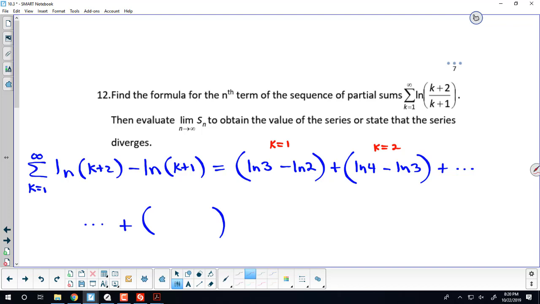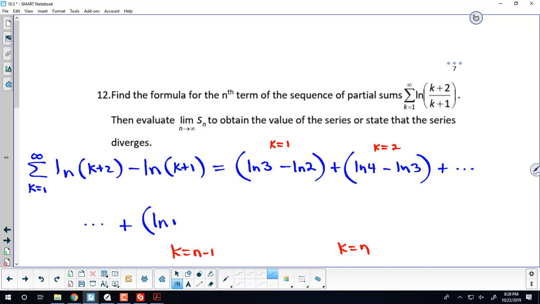So how many terms do y'all want to go out? We've got to stop when k equals n. Do we want to go back 2 or 1? 1. Okay, so we'll stop when k is equal to n, and then we'll go back 1 to the n minus 1. Maybe need some more space back here. So when k is n minus 1, we have the natural log of n minus 1 plus 2.